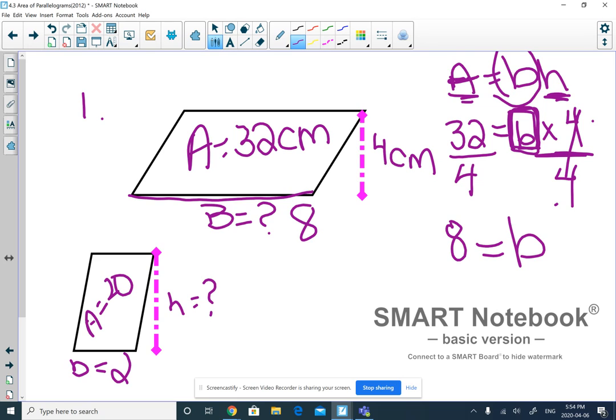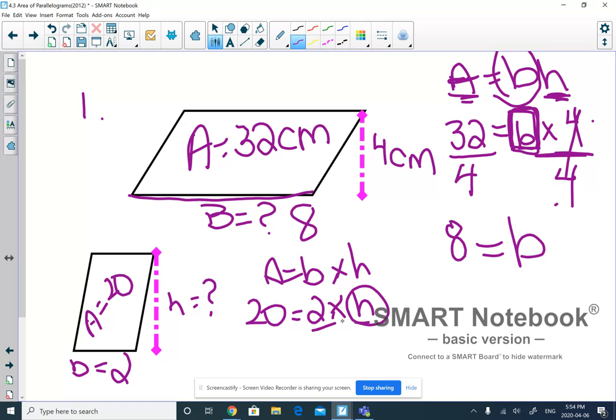Well, remember area equals base times height. I have an area of 20, and I have a base of 2, and I'm trying to solve for height. So I need to get rid of this times by 2 by dividing both sides by 2. That's going to give me h, or height, is equal to 20 divided by 2, which is 10.